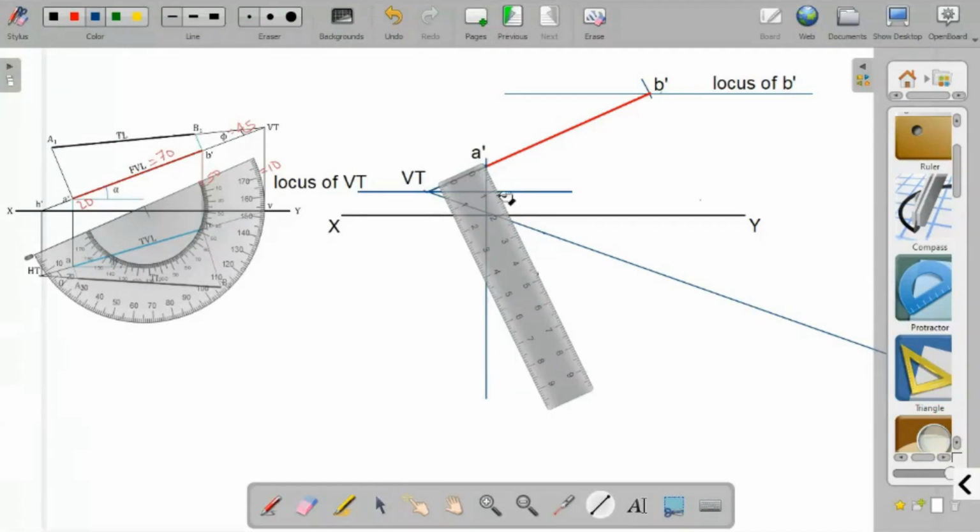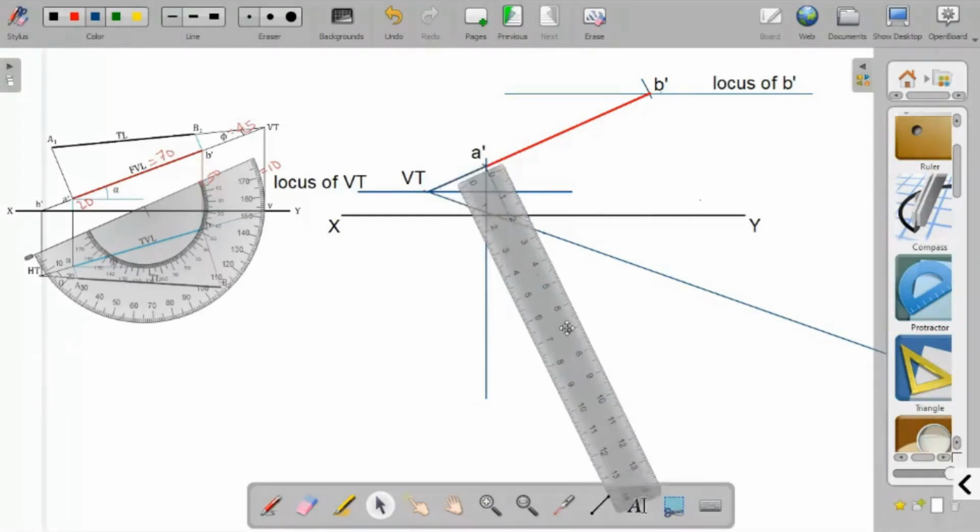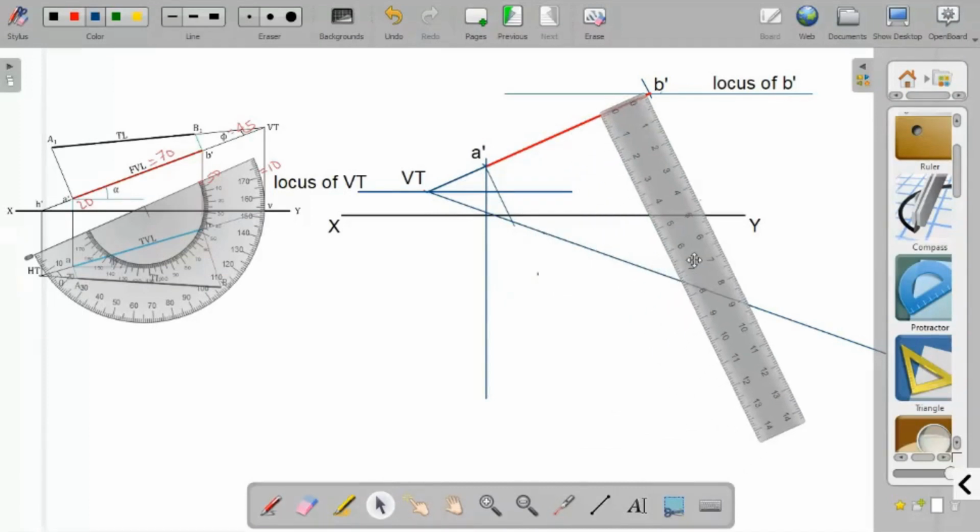Now draw the perpendicular line from A dash to this point, and it is the point A1 that we can mark later.